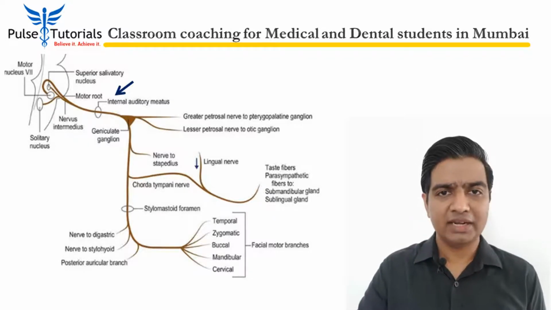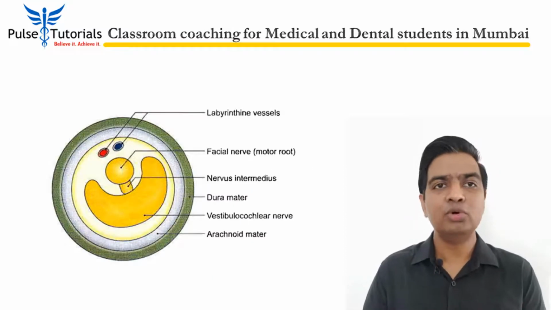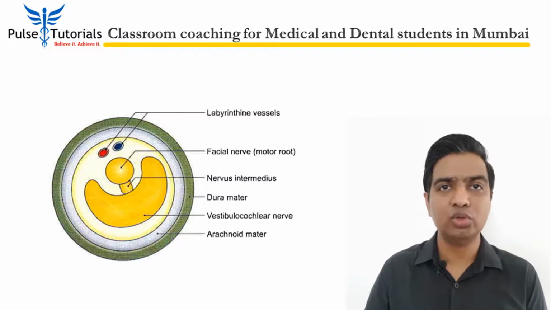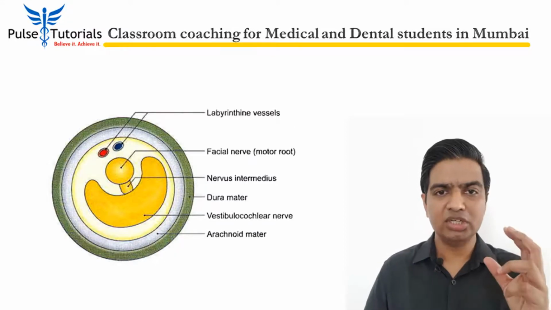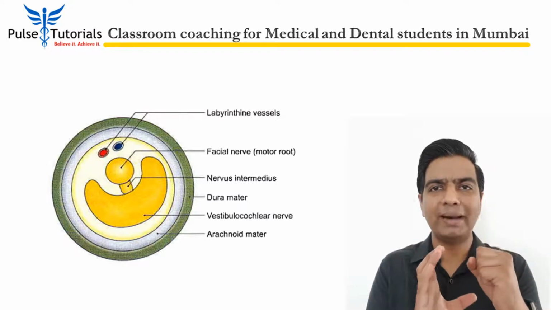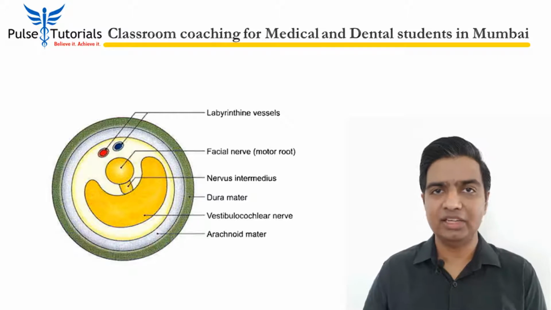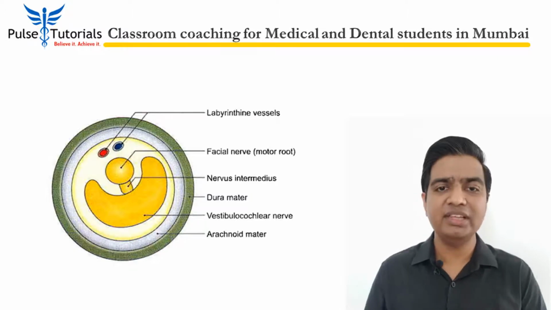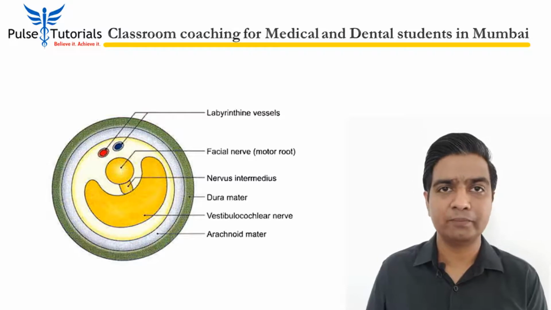And in the meatus, as you can see in this diagram that I have put up, the motor root lies in a groove of the 8th cranial nerve. And between the motor nerve and the groove formed by the 8th cranial nerve, there is the nervus intermedius.